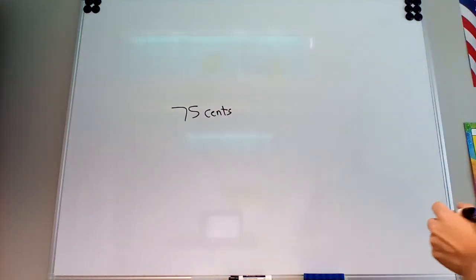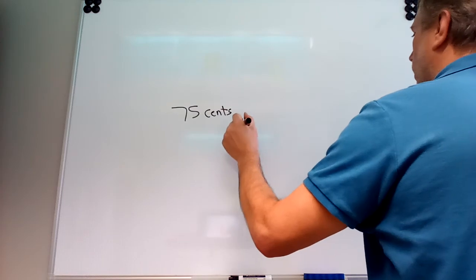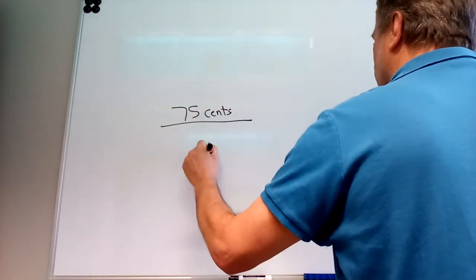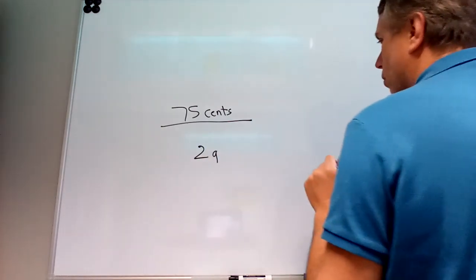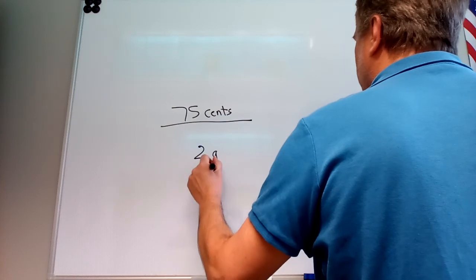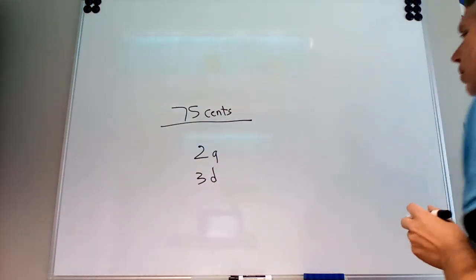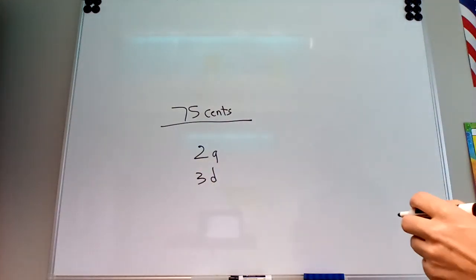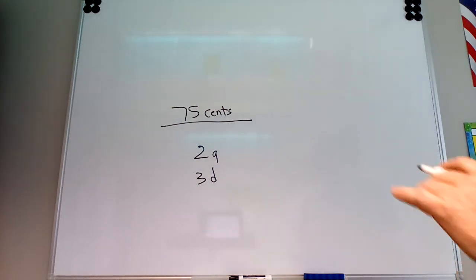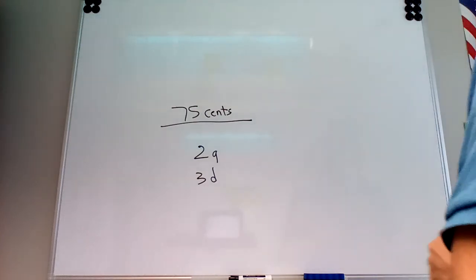So if you've got 2 quarters, let's put a Q for quarters, and you've got 3 dimes, we've got to figure out, do you have enough money to buy that candy? And we'll just not worry about tax right now. We'll assume that it's 75 cents with the tax.